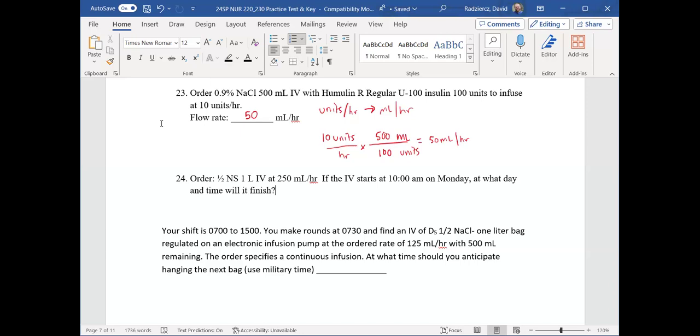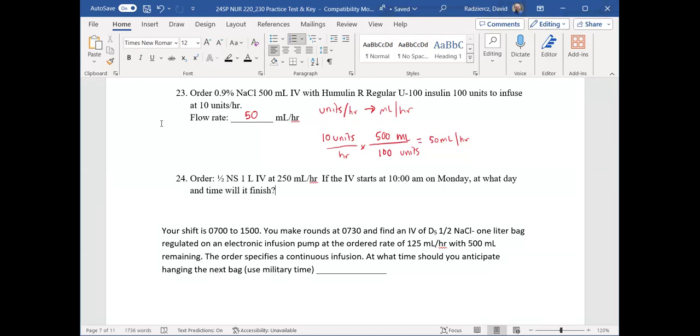But when I did 1 liter divided by 250 milliliters, I just got 0.004. So is there a certain way that problem should be set up to get 4 hours? So you cannot do math with different units. So you need to change either the liters to milliliters or the milliliters to liters first.